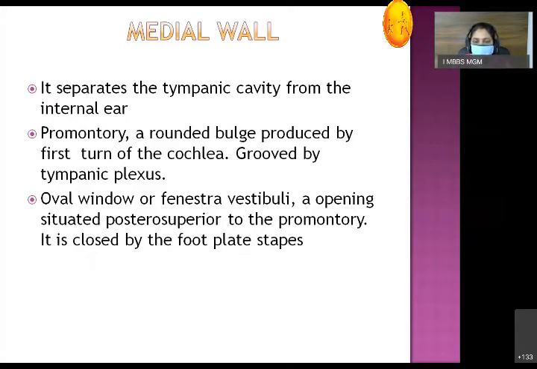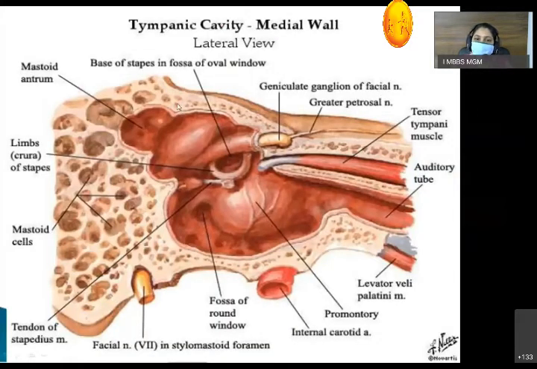In the very first figure we have seen the medial wall and lateral wall. So this is the medial wall. These are the features of the medial wall. You can see this is the anterior wall where you can see the tensor tympani muscle.